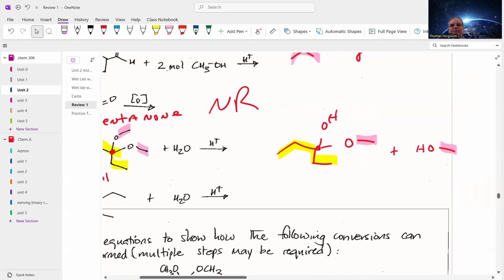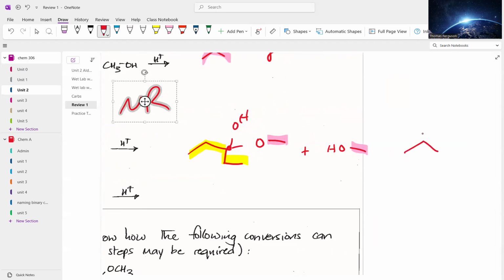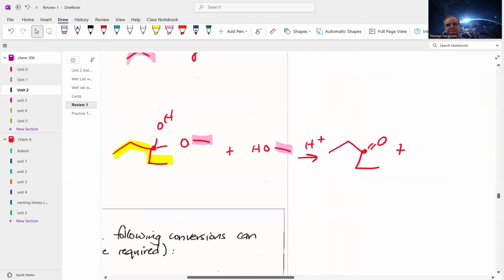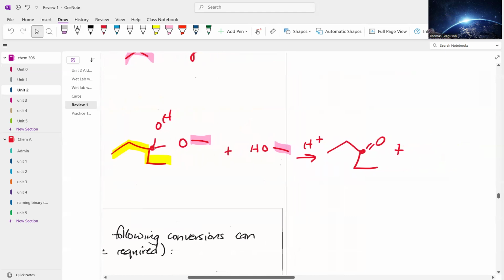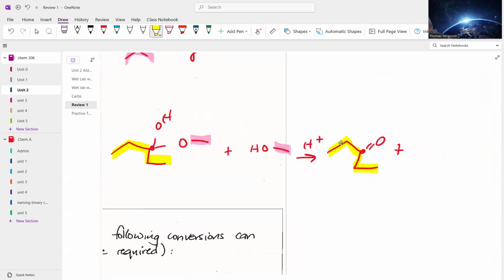And then under further reaction, the second alcohol will come off. So we end up with the original ketone, backbone plus another alcohol.